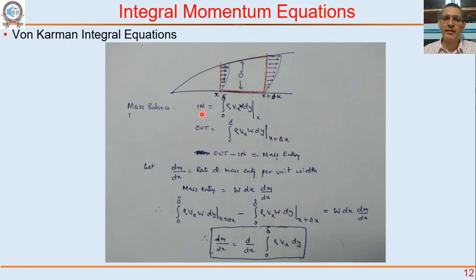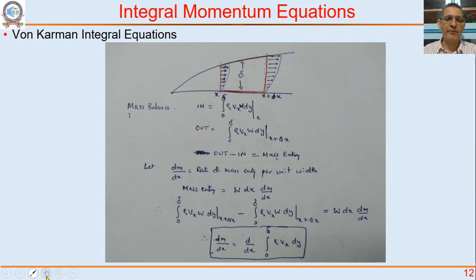Mass in is rho Vx W dy, where W is the width perpendicular to the screen in the z direction. Vx multiplied by the area perpendicular to Vx, that is W dy, integrated from 0 to delta, and this integral is evaluated at x. The same integral I can evaluate at x plus delta x, and I will get the mass going out.